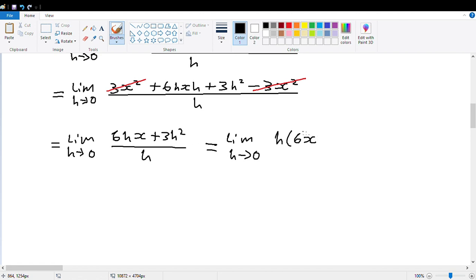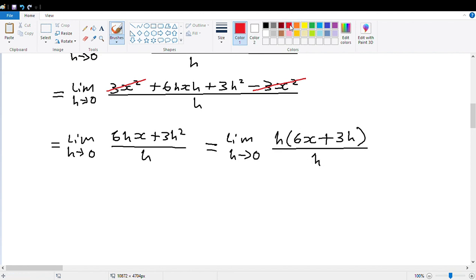And from the second expression, we'll have plus 3. It was h squared, now it's going to be h since one h is removed. So we have a division by h there.